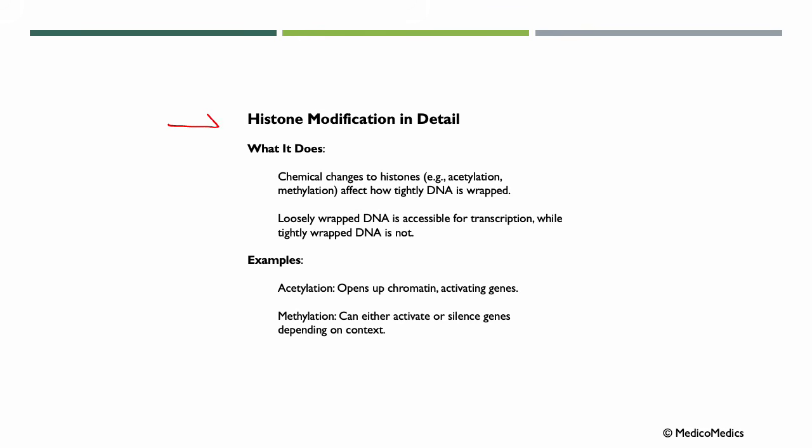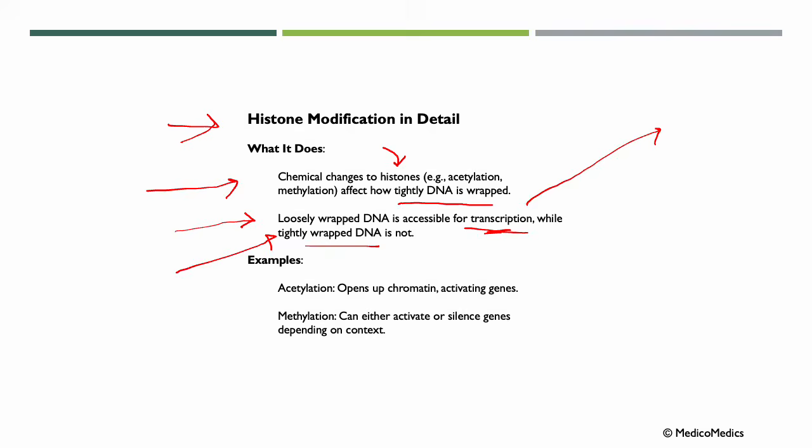Now, the second way was histone modification. Here we are talking about chemical changes to histones that affect how tightly DNA is wrapped. And we know that loosely wrapped DNA is accessible for transcription, so essentially to continue to produce proteins and move into translation, while tightly wrapped DNA is not.